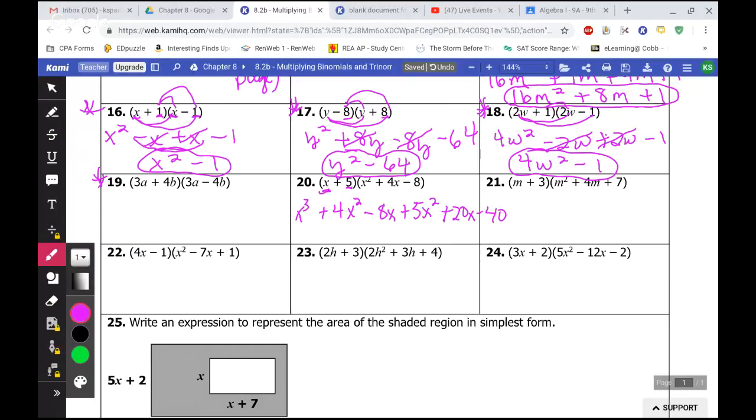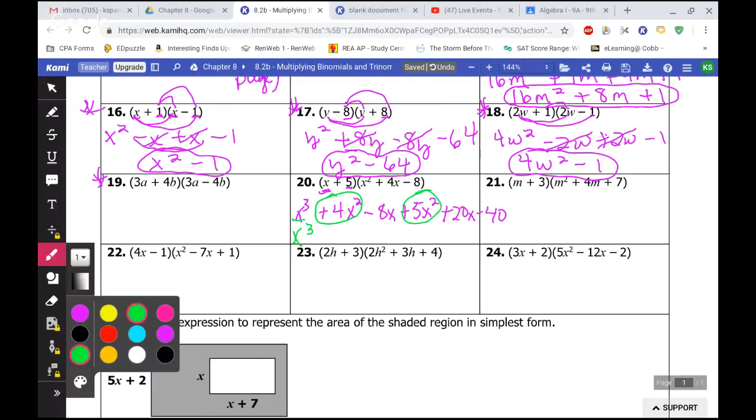And now we should have 6 terms, because if you multiply everything in this first one by everything, that gives you 3 terms. And if you multiply that 5 by everything, that's another 3 terms. So your second step should have 6 terms. Now we're looking for things we can combine together. There's only one x cubed, so I'm just going to go ahead and write it. But here is a positive 4x squared, and here's a positive 5x squared. So when I combine those, that's going to be plus 9x squared.